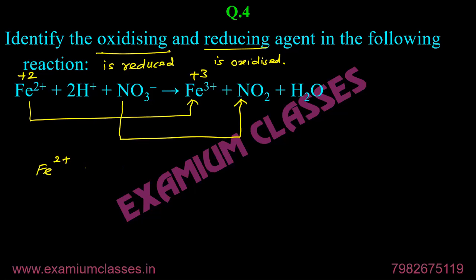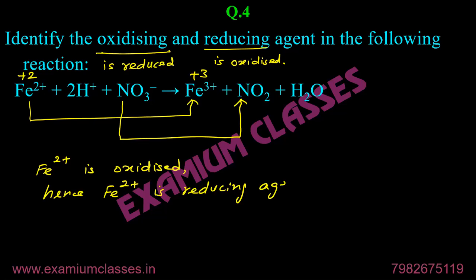Fe2 plus is oxidized, hence Fe2 plus is reducing agent. And remember, first you need to write oxidizing agent. So although I am telling you first the reducing agent, your answer should be first which one is oxidizing agent, because in the question first oxidizing agent is written.